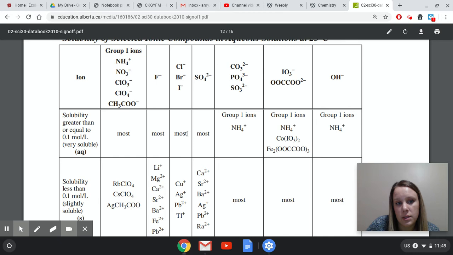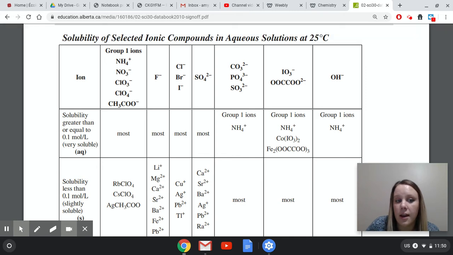So see how most lined up with this row here of aqueous? That's what it's saying, that chloride ions with most other ions will be very soluble or make an aqueous solution when dissolved in water.